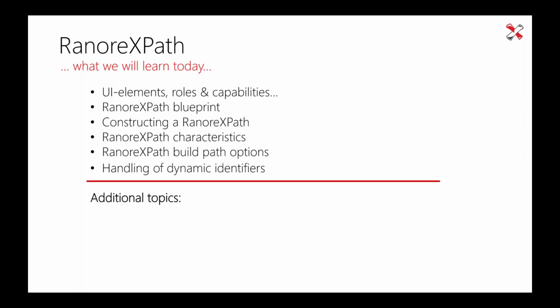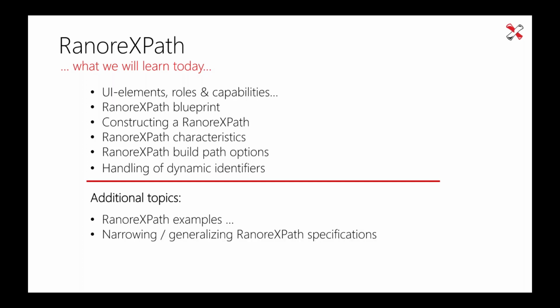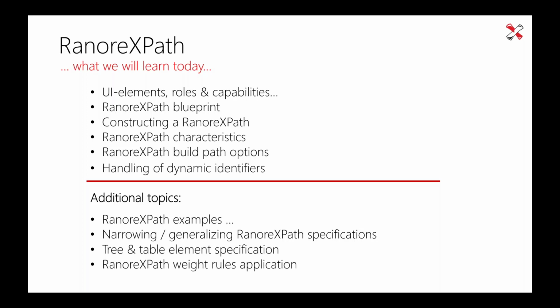Additional topics along the way will be, of course, lots of Ranorex path examples. I will show you how to narrow or generalize the Ranorex path specification. And we will have a look at tree and table element specifications. And finally, we will deal with the so-called RanoreXPath weight rules application, which is linked to the handling of dynamic identifiers. So this is our program for today.